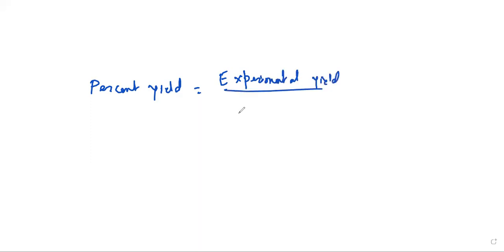Simple formula: percent yield is equal to experimental yield upon calculated yield into 100.